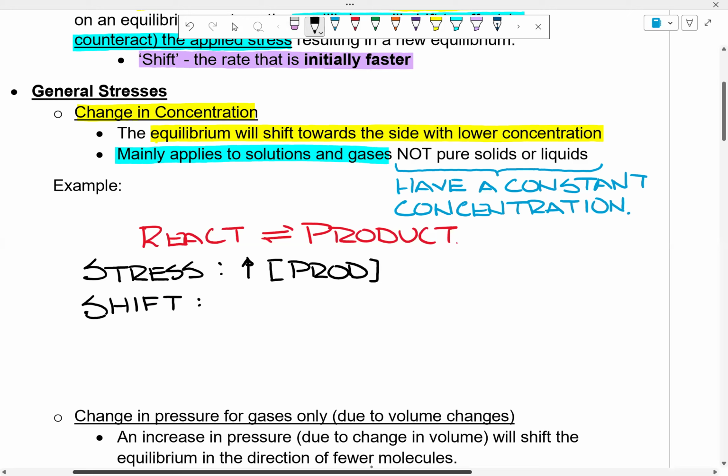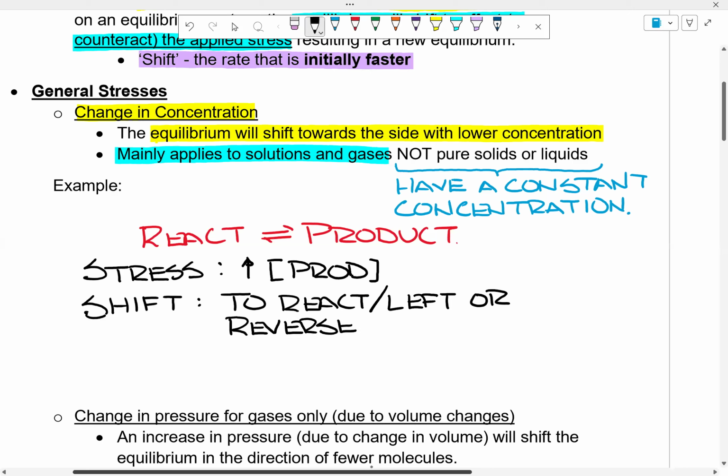What will happen is we would say it would be to the reactant, or to the left, or the reverse rate is favored.